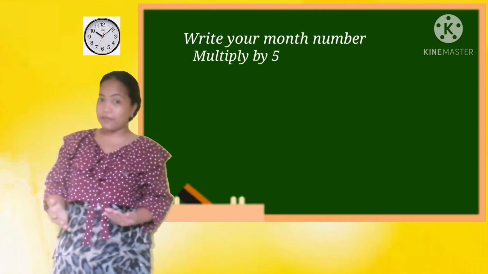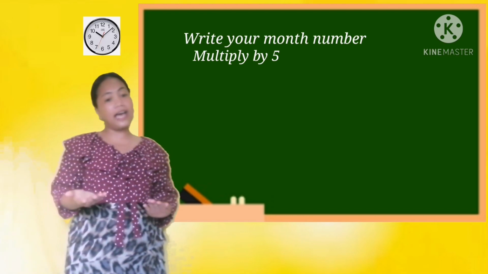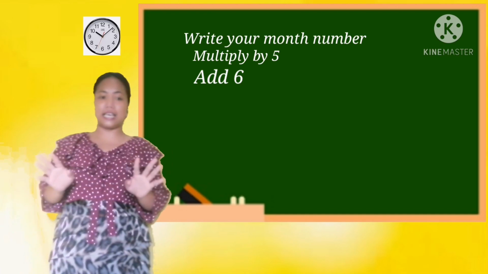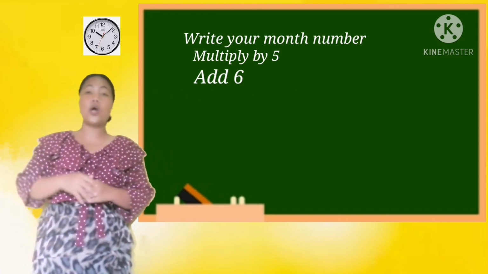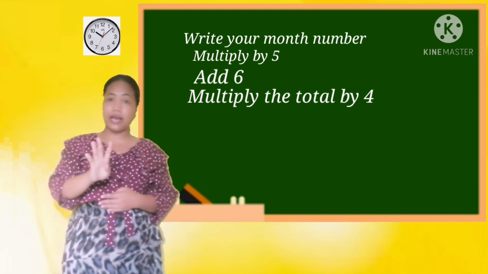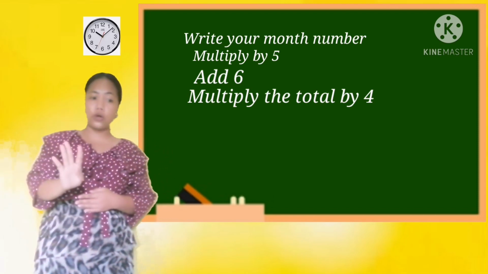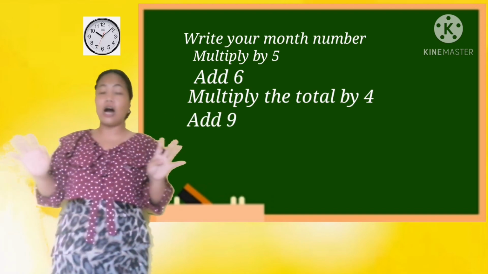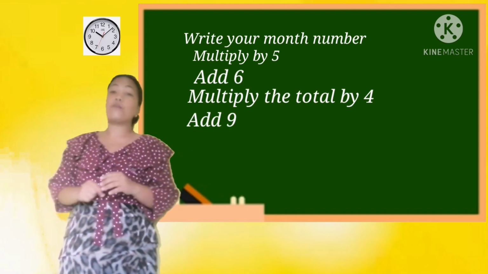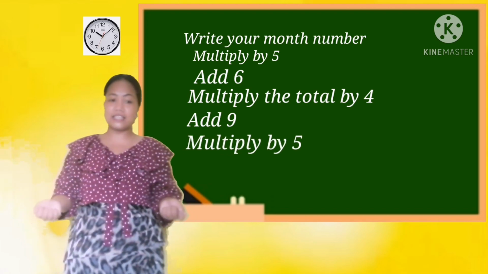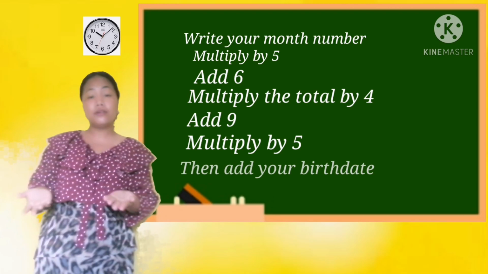Next, multiply by 5. And then add 6. And then multiply the total by 4. And then add 9. After adding 9, multiply again by 5. Then add your birthday.